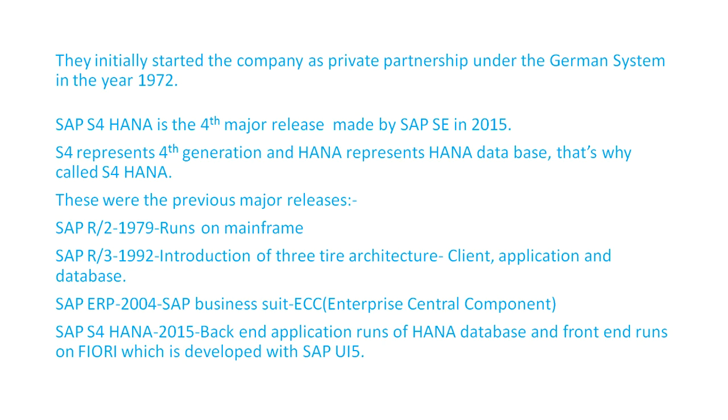And the HANA database is much faster than Oracle database, because HANA keeps the data in RAM only, not in the hard drive. With Oracle, the data is kept in the hard drive or hard disk, and a hard disk is a cold storage. Retrieving data from the hard disk takes a lot of time. But keeping the data in the RAM itself, which is random access memory, that means RAM is used as a storage medium. That is only possible due to the HANA database.